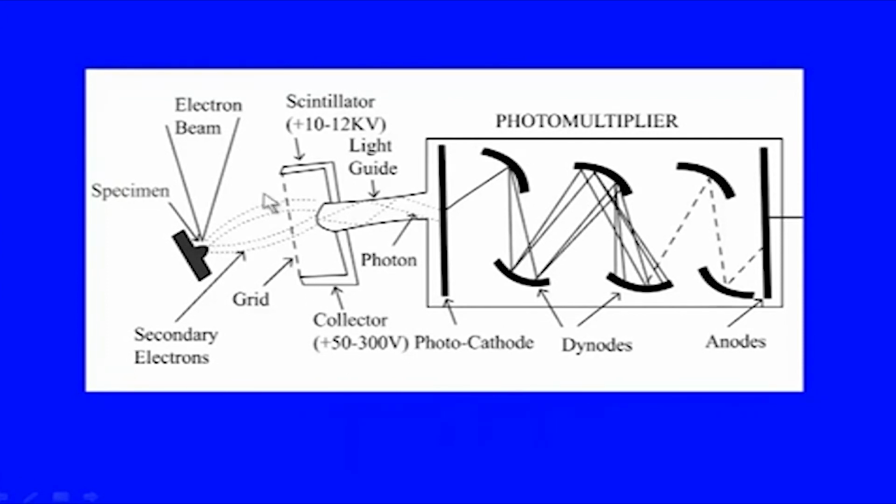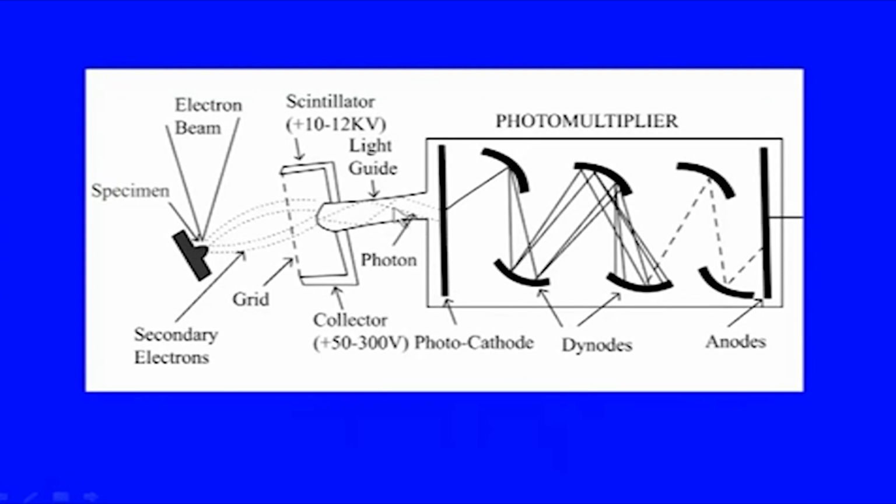Now, this collector attracts the electrons and they are passed into the scintillator, which is at a positive potential of 10 to 12 kilovolt. The scintillator converts them into photons, and these photons then enter a photomultiplier through a light guide. This is the light guide here.